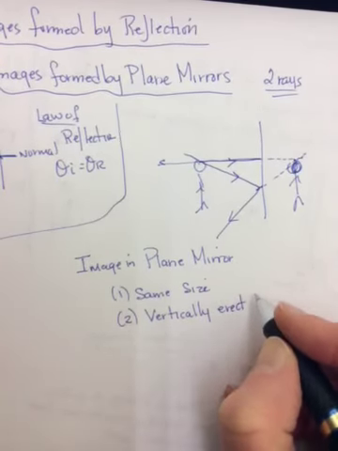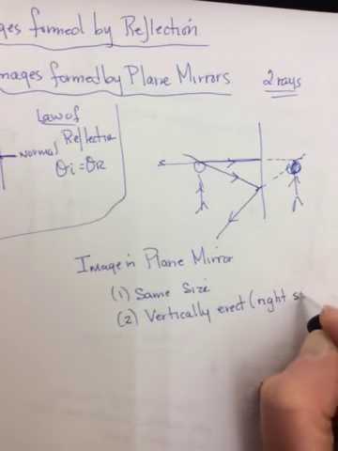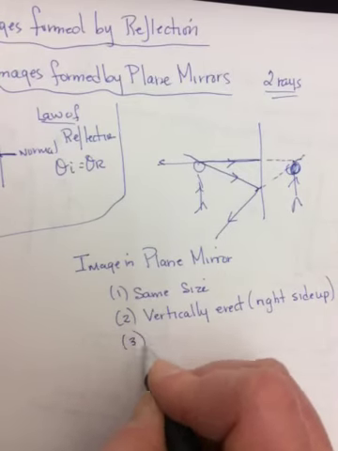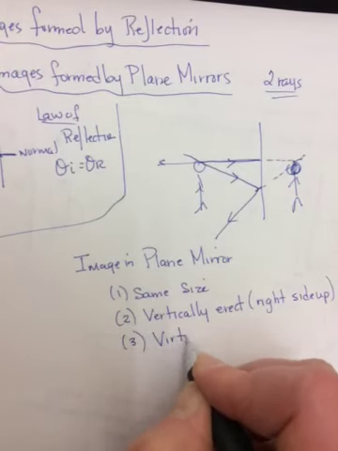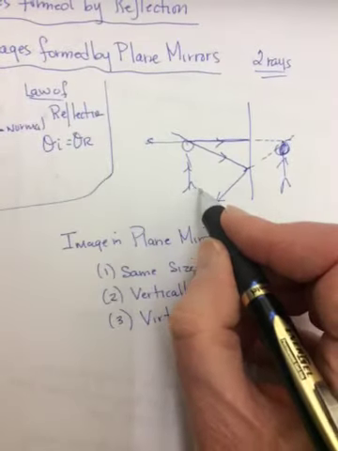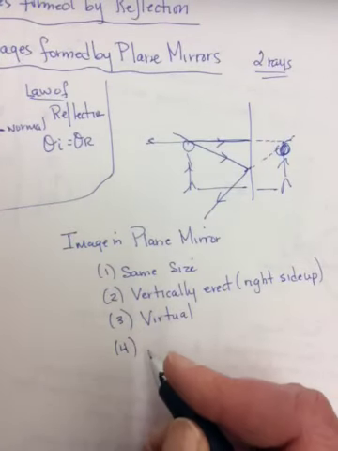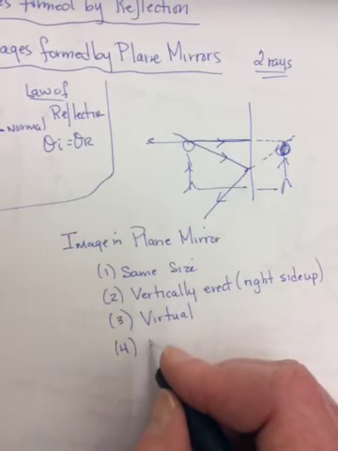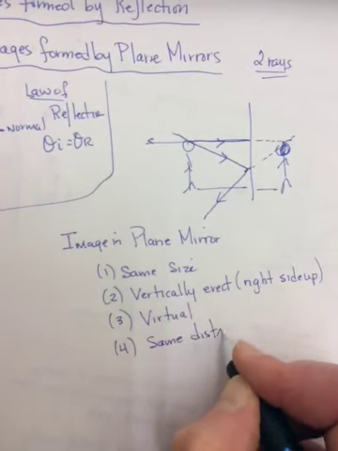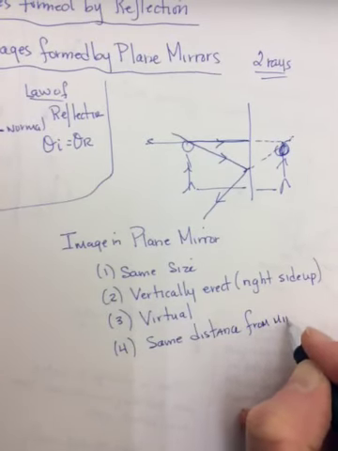If it's right side up, if we go back and look at our characteristics of real and virtual images, it means it must be virtual. Where is it? You can't tell from this diagram, but it's always the same distance behind the mirror as the object is in front. So same distance from mirror as object.